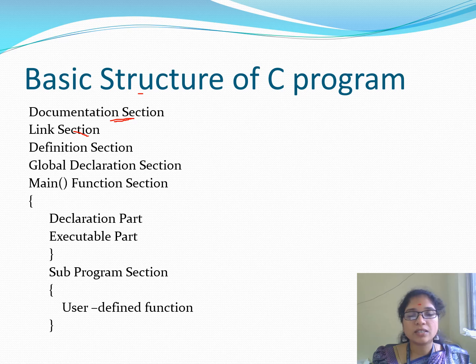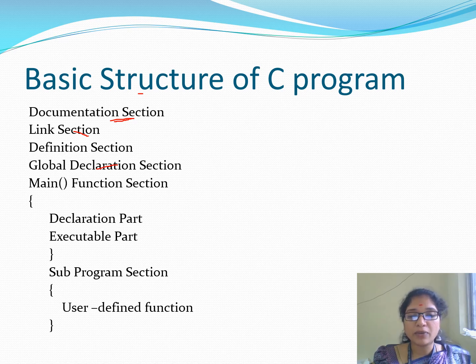In this definition section, we define what we are going to use in the overall program. Then the global declaration section: if we declare something before the main function, we can use it in all the functions.